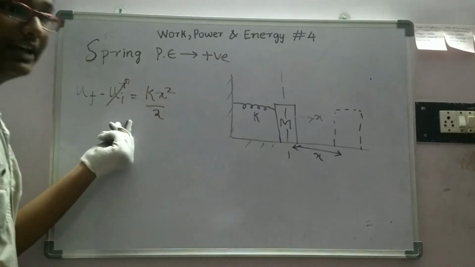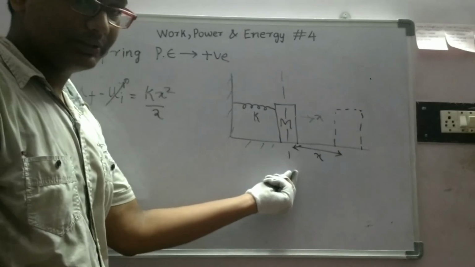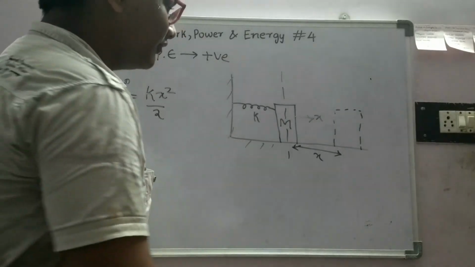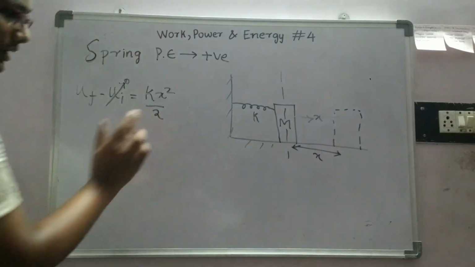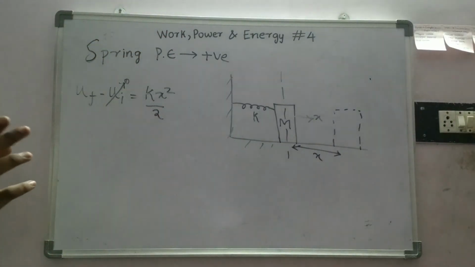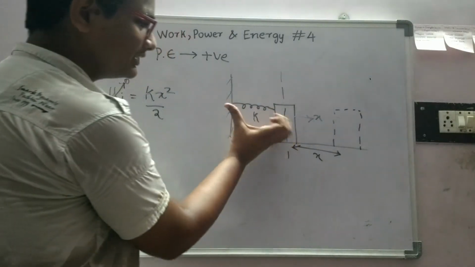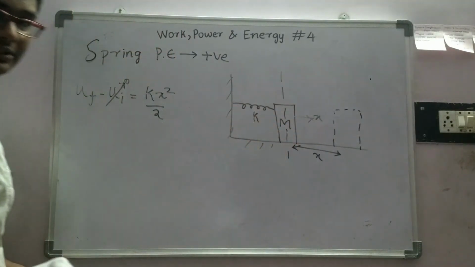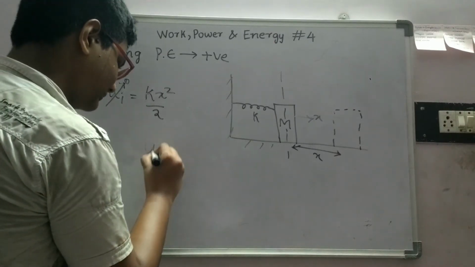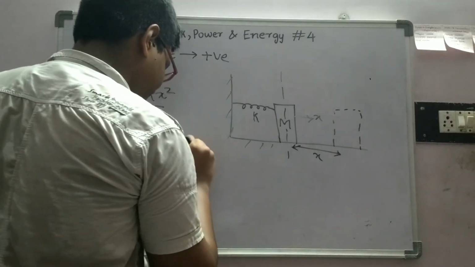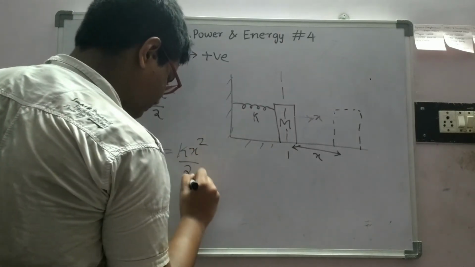Only if we assume that it is 0 at its mean position, then the potential energy is kx square by 2. We can move it outside or inside, I mean expand the spring or even contract the spring. So the potential energy of a spring is kx square by 2.